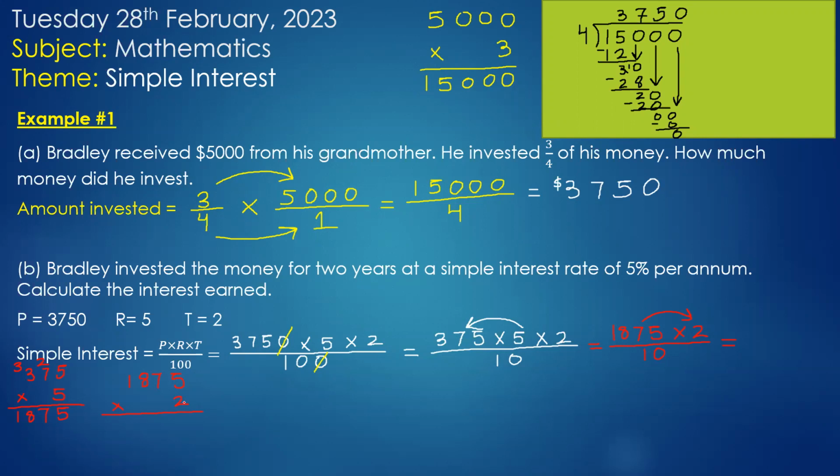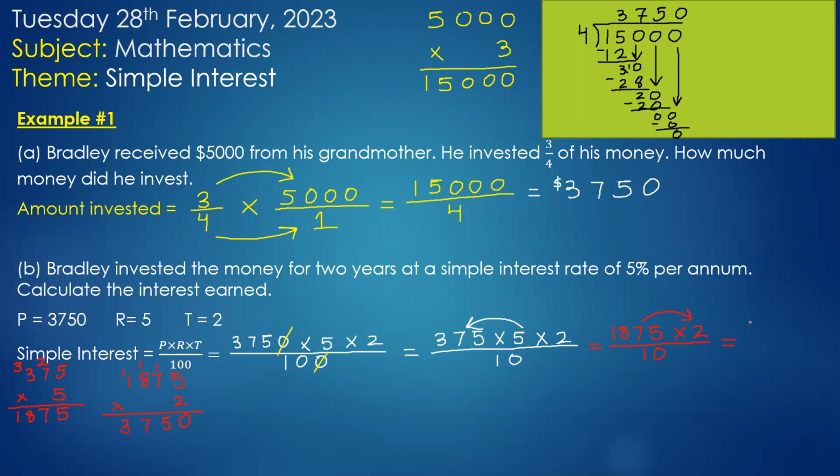2 times 5 is 10. 2 times 7 is 14 plus 1 is 15. 2 times 8 is 16 plus 1 is 17. And 2 times 1 is 2 plus 1 is 3.